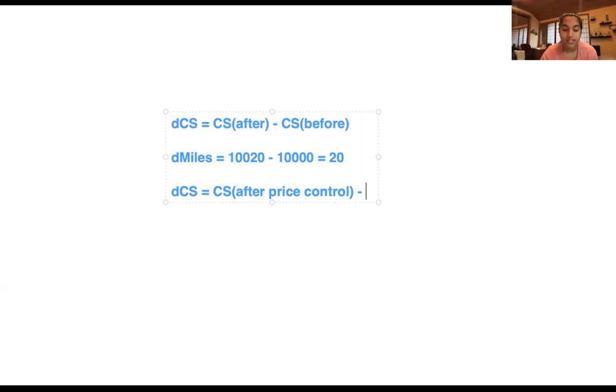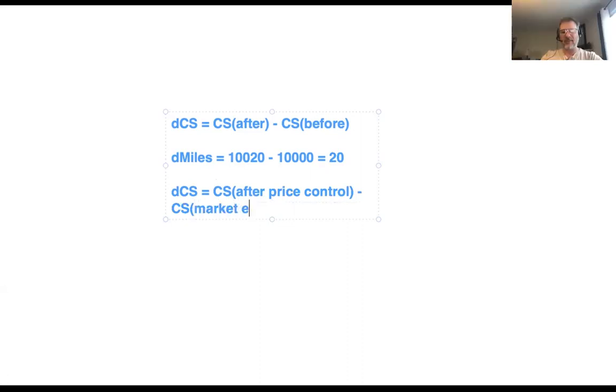This one was a price ceiling. That's why you would find the consumer surplus at that ceiling. With a floor you just use the equilibrium amount. So I would see the CS at market equilibrium, right?